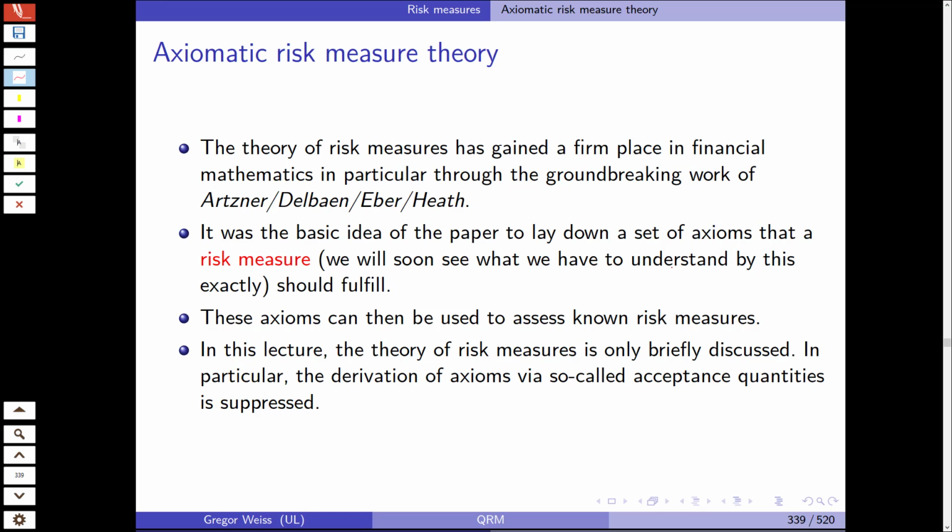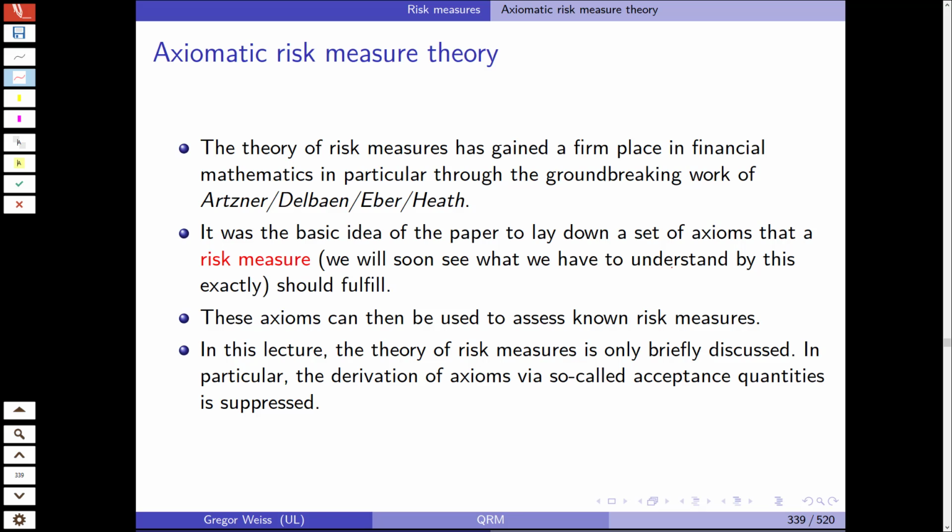To lay down a set of axioms that each risk measure should fulfill. And we'll soon see what these axioms are. And they can be used to assess known risk measures and to see if these risk measures, like for example volatility, are good or bad risk measures in the sense of this axiomatic theory.